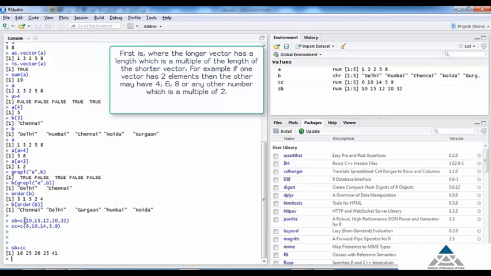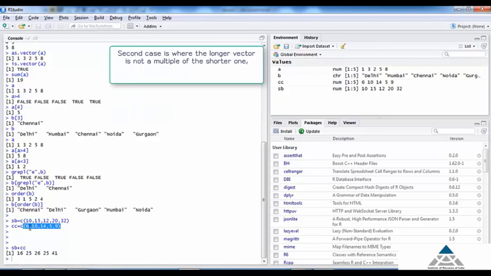For example, if one vector has two elements, then the other may have 4, 6, 8 or any other number which is a multiple of 2. If this is the case, then the operator we use will function. We had seen this in our previous video too. Second case is where the longer vector is not a multiple of the shorter one. In this scenario, an error would pop up and the operator would not function.